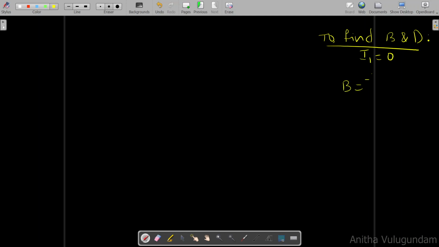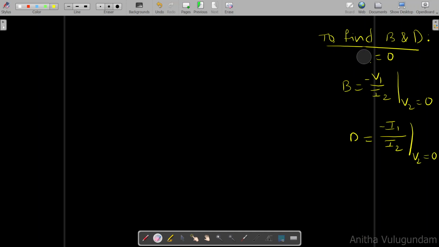We can write B equal to minus V1 by I2 when V2 equal to 0, and D equal to minus I1 by I2 when V2 equal to 0. Let me redraw the figure.